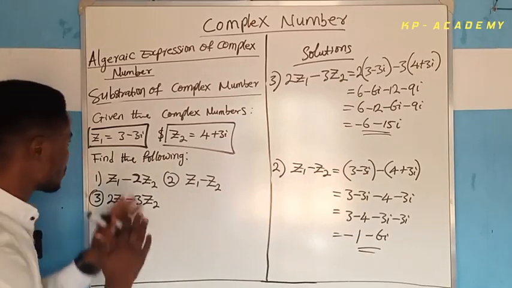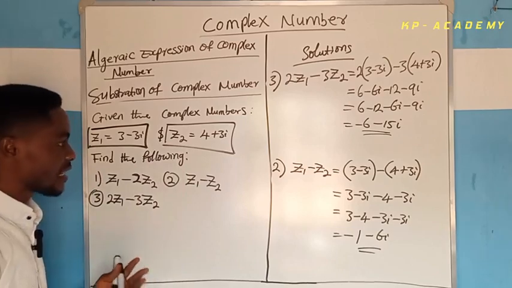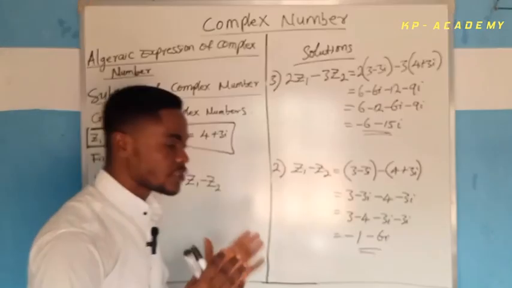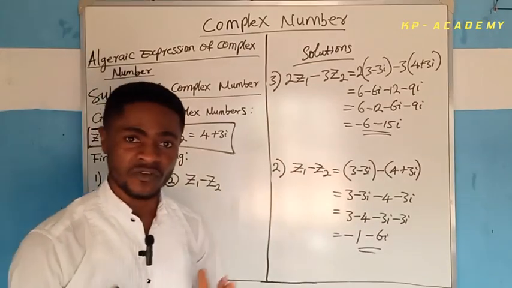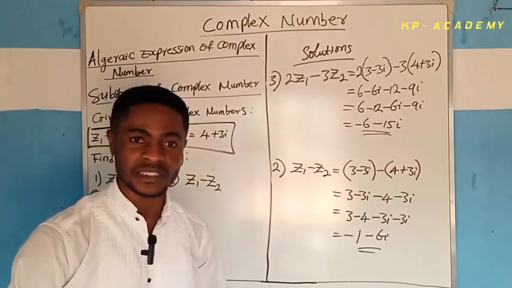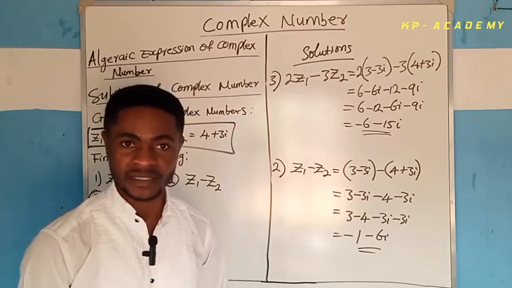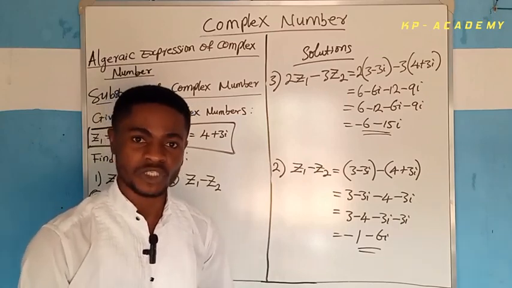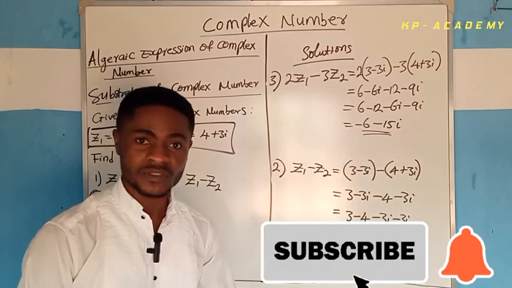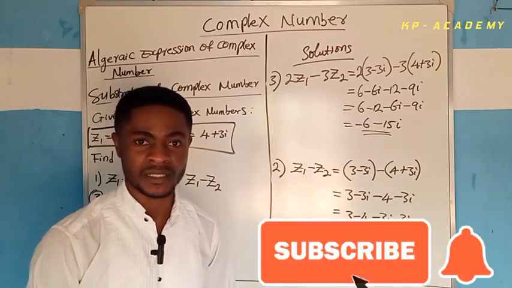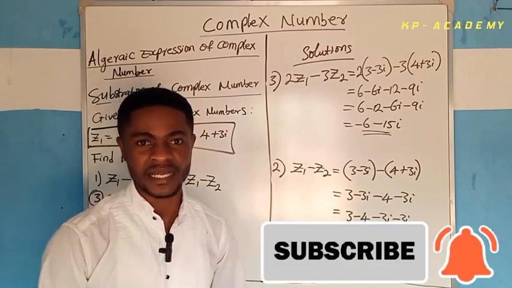Or you are asked to subtract them, you're also going to carry it out in the way we have seen. So the most important thing is that if you're dealing with addition of complex numbers, add real parts to real parts and add imaginary parts to imaginary parts. Again, if you are doing subtraction of complex numbers, subtract real parts from real parts and subtract imaginary parts from imaginary parts. That is just the basic idea behind it.